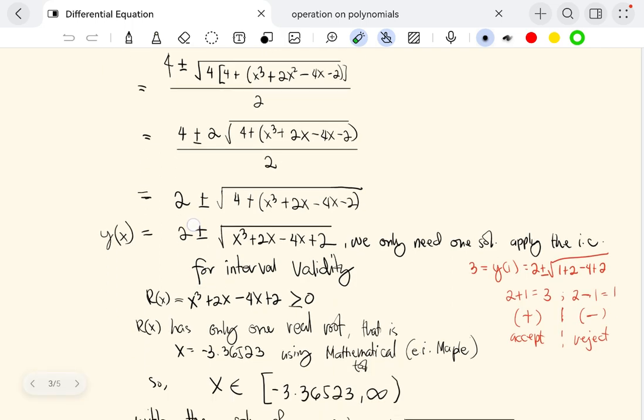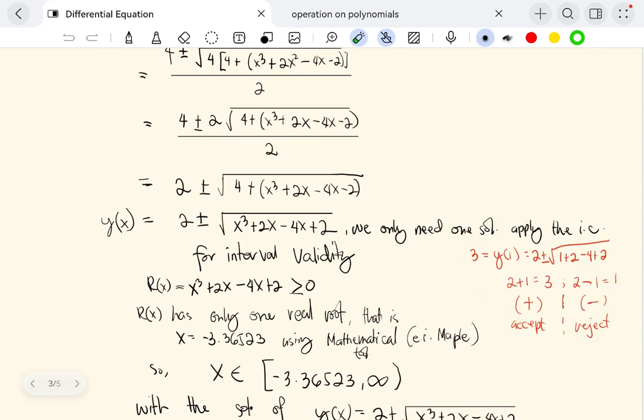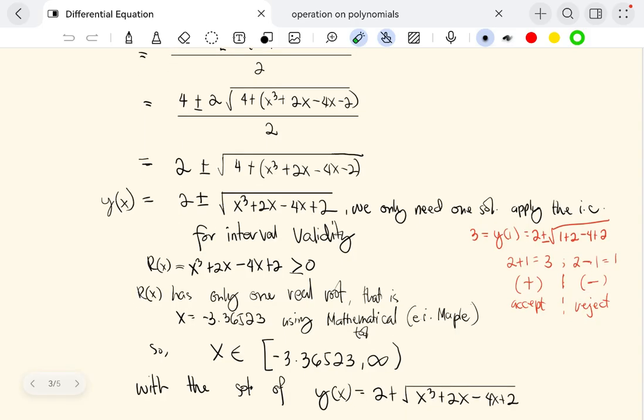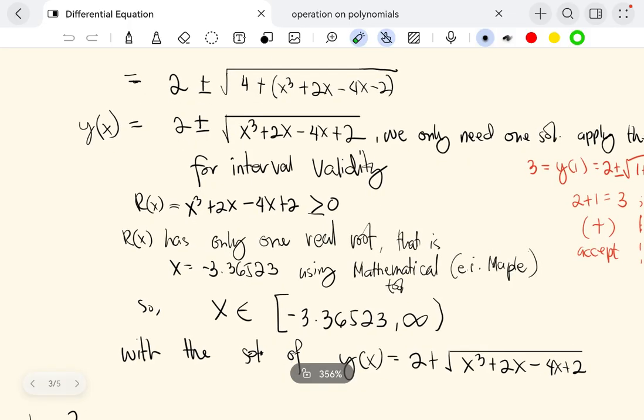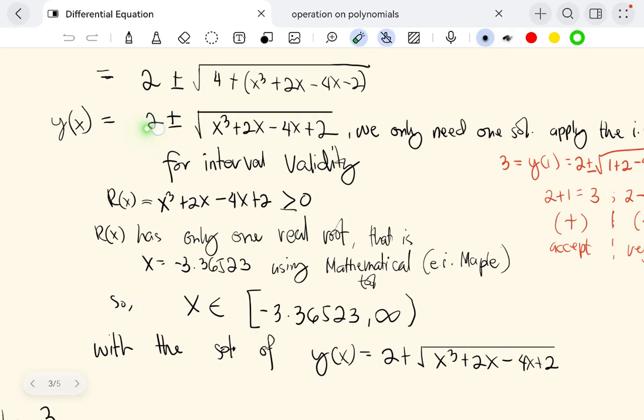Our initial condition is that for x equal to 1, we have 3. So with 2 plus or minus, we need an answer of 3. The positive gives us 3, so we accept it, and the negative gives us 1, so it is rejected. The positive one is our solution.